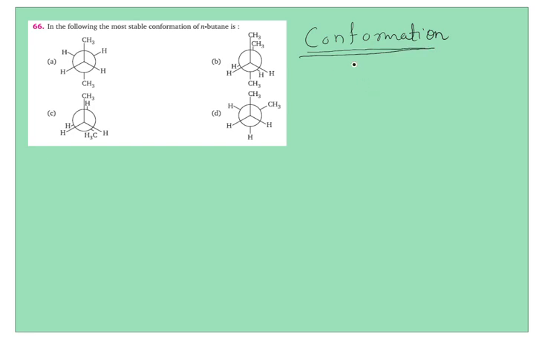Now, what is conformation for butane molecule? We know that in butane molecule there are 4 carbons. There is a carbon-carbon bond rotation which will give us different structures for the N-butane molecule.